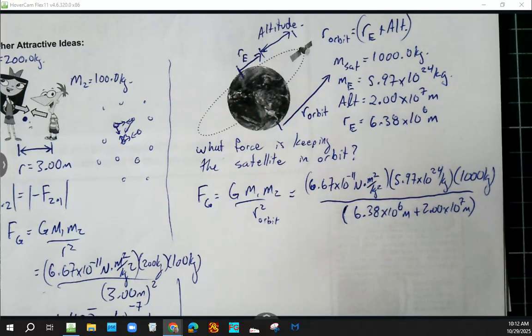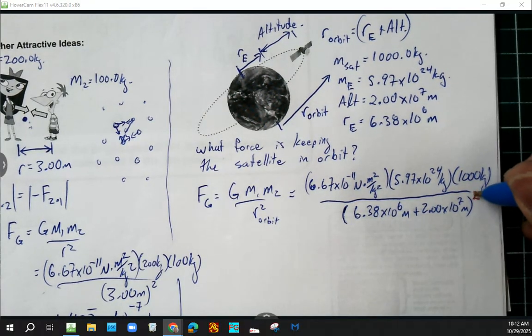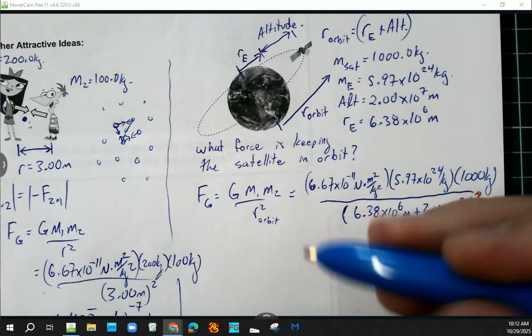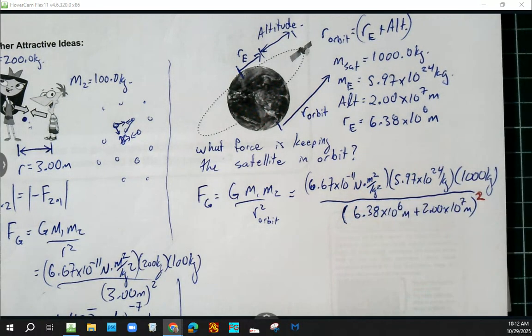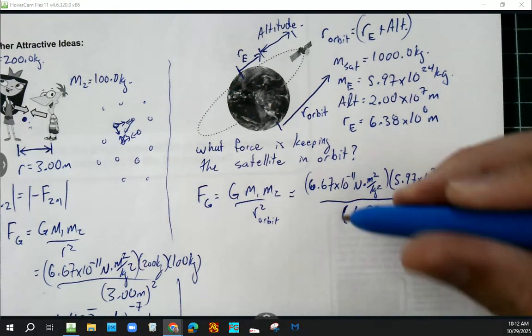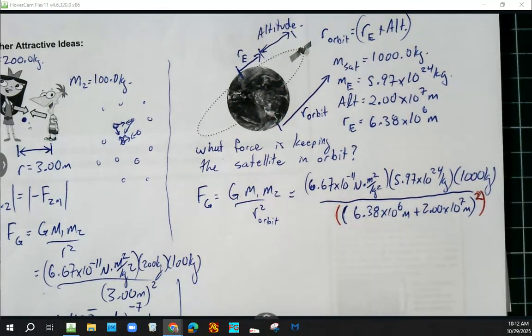And then the thing that so many people forget, so I'll put it in red, square it. Make sure you square that denominator. A lot of people are going to forget that keystroke if I don't draw your attention to it. Again, if you have a hard time getting that denominator to go properly into your calculator, force extra brackets in there to make sure that your calculator knows that whole thing is in the denominator, okay? Because your calculator is not as smart as you like.